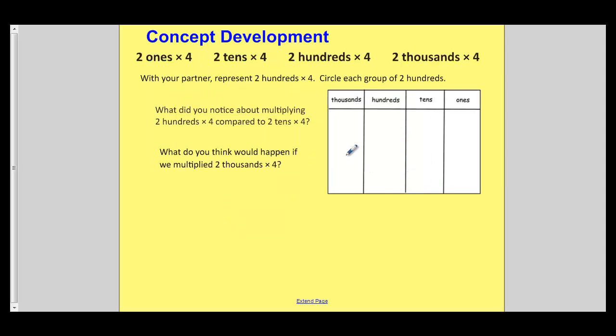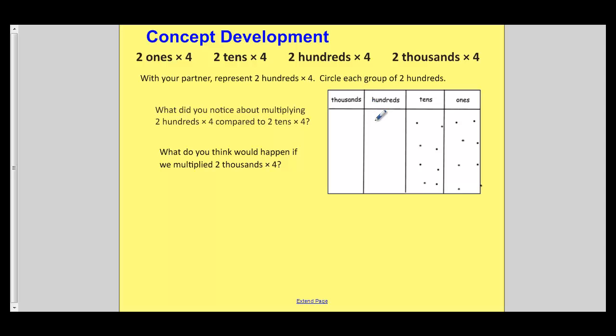This time we're going to do 200s times 4. So we're going to come over here, same place value chart. You do not have to keep redrawing your place value chart. This can be the same chart. So you've already got your ones, your tens. Now you're going to do your hundreds.